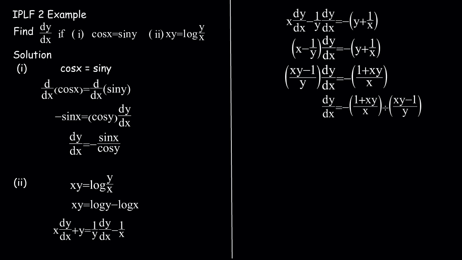Changing our division to multiplication, that's carrying the denominator of our fraction to the numerator, dy/ds equals minus, in bracket, 1 plus sy divided by s times, in bracket, y divided by sy minus 1. And our final answer is dy/ds equals y in bracket 1 plus sy, divided by s in bracket sy minus 1.